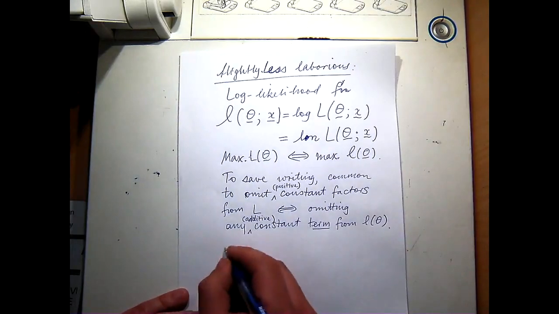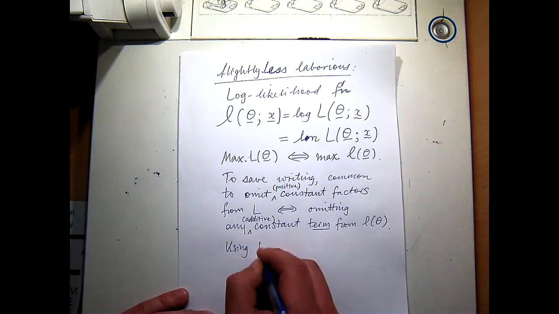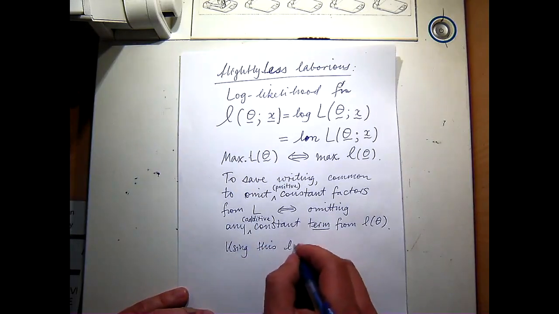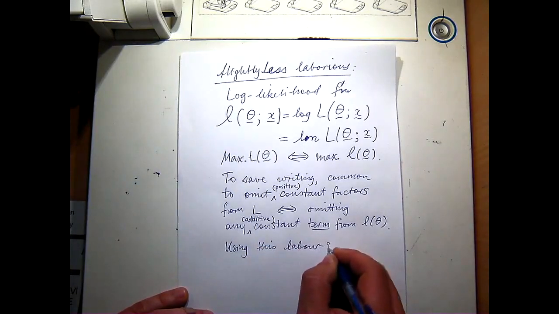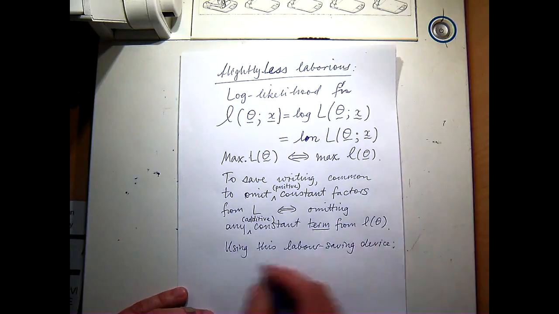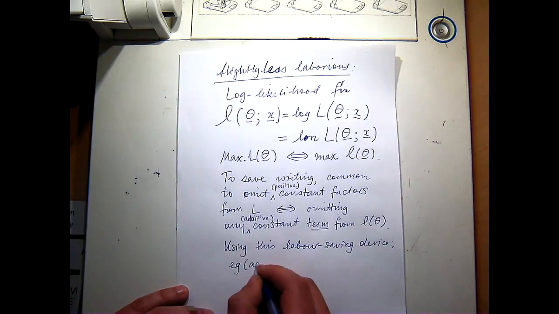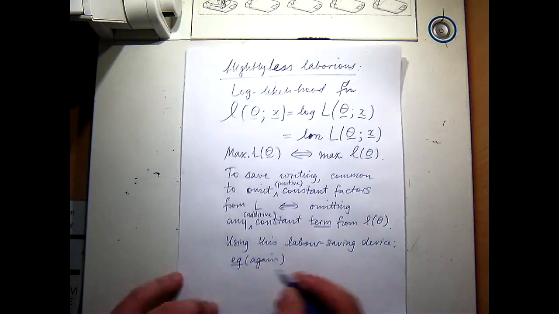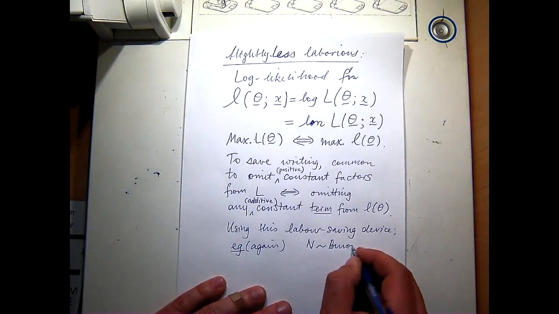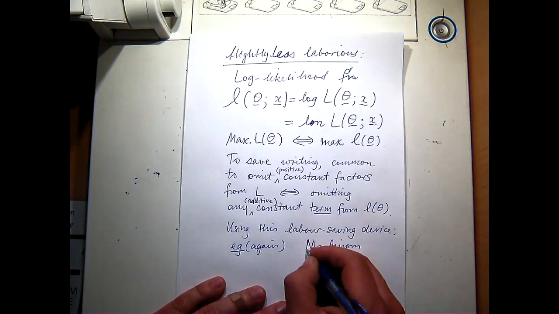Okay, so using this labor-saving device, let's just do the last example again. Just to recap, little n is the sample size, which doesn't change.